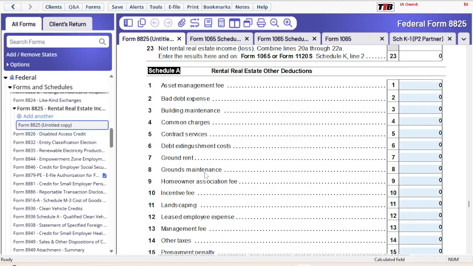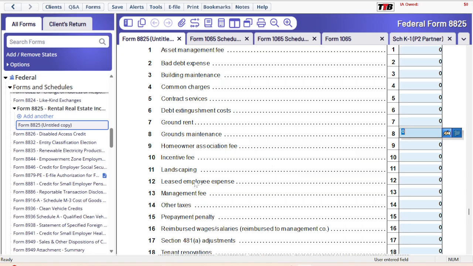So like cutting trees, mowing, I think it will come down here to the ground maintenance section. And owner association fee, HOA, will be there. Incentive fee, landscaping. Landscaping, leasing, lease employee expenses, and management fee.